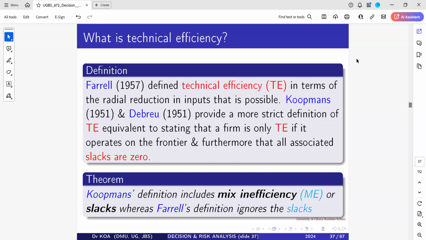Yeah, but if you are technically inefficient, you don't even have to go deeper. If you are technically inefficient, then you are also suffering. Then I don't even have to look at your mixed inefficiency. But when you are mixed inefficient, you could be technically efficient. Just that you are mixed inefficient.